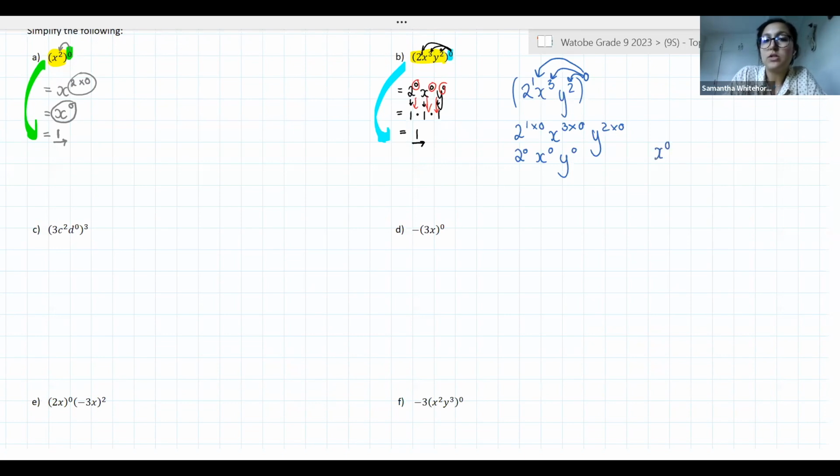And we know that according to our definition, a value to the power of 0 is 1, which means that 2 to the power of 0 is equal to 1, x to the power of 0 is equal to 1, and y to the power of 0 is equal to 1. And so what I actually have here is 1 times 1 times 1. And that's just 1. And so my final answer there remains a positive 1.